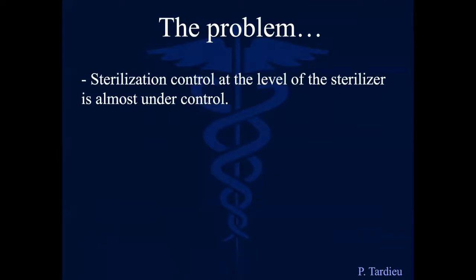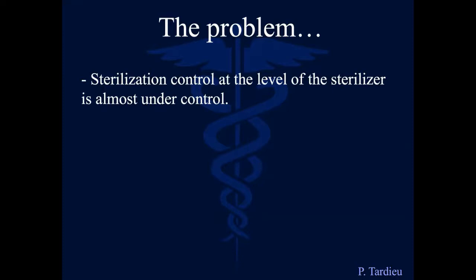Based on this, we all agree that sterilization control is done in a correct way at the level of the sterilizer. So this is almost every time under good control. What does this mean? This means that you have a sterilizer and the sterilizer is working in a good way.